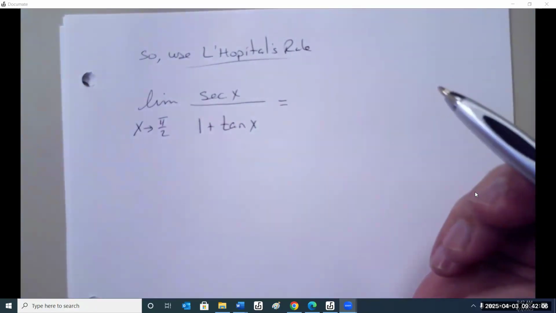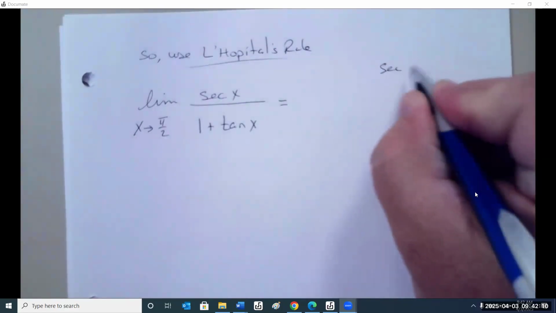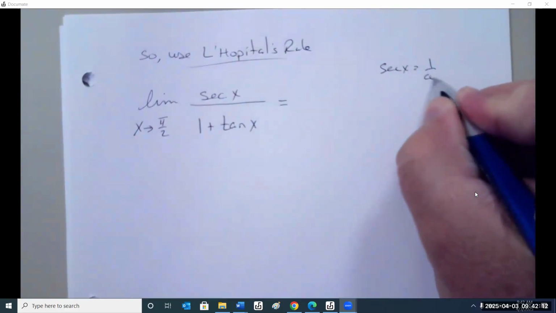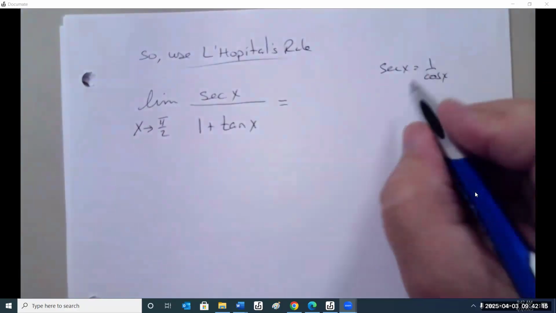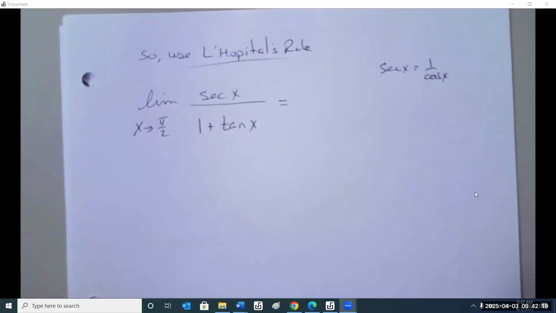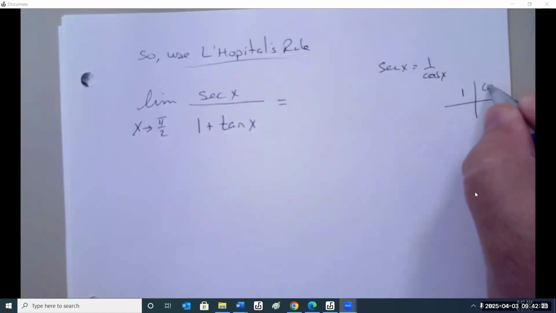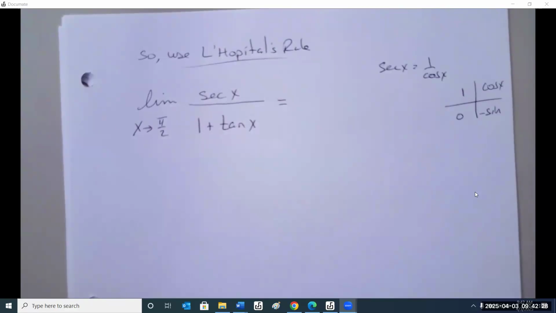Now you have to look at the derivatives. Since secant is 1 over cosine, the derivative of secant, we have to use the quotient rule. So it's 1, cosine. This is 0. This is negative sine.